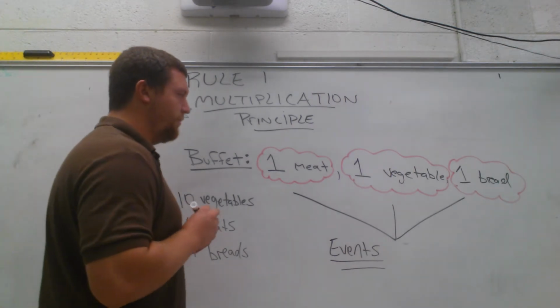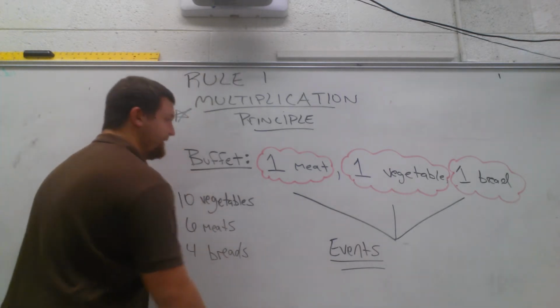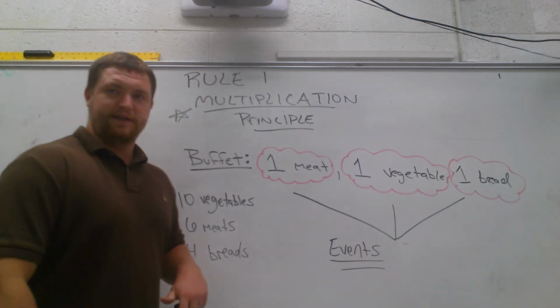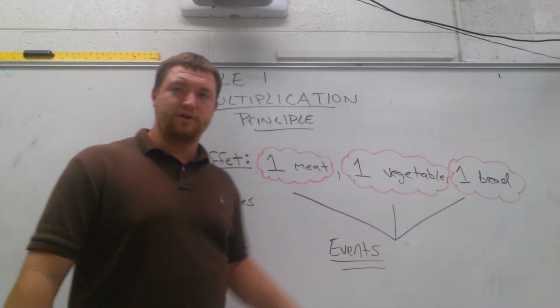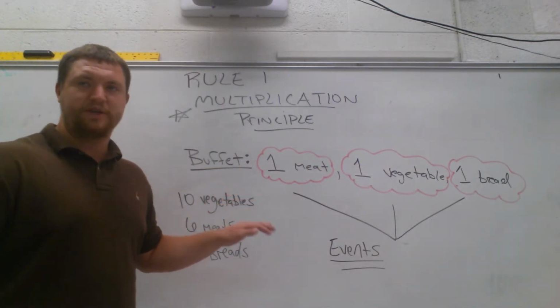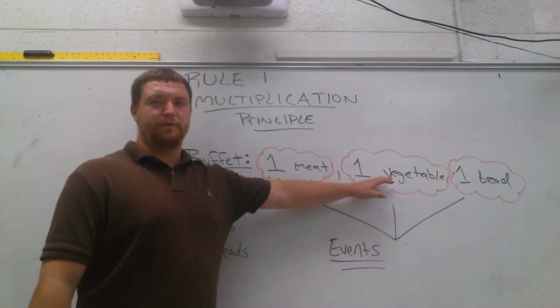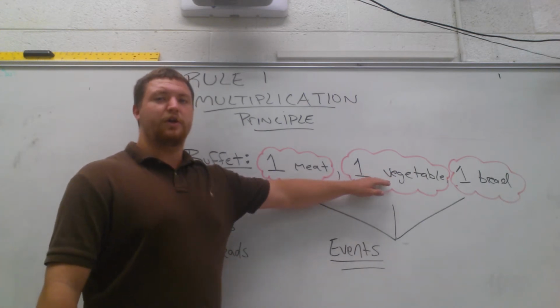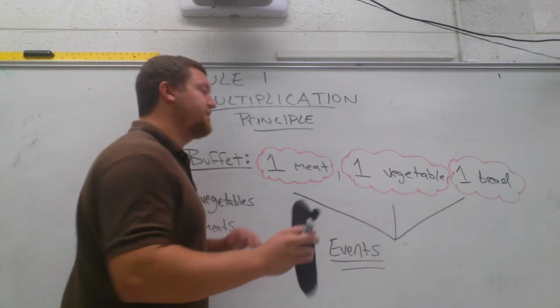Now, one of the most important words that you're going to pull apart out of that definition is independently. It says if an event, so if an option occurs in so many ways, and another option occurs in so many ways, occurs what? Independently. That's the word we're going to talk about.